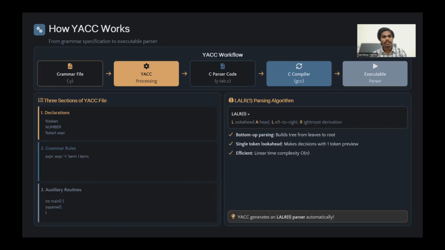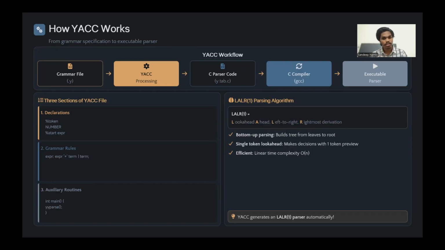Let us understand how YACC actually works, from grammar specification to executable parser. A YACC file has three mandatory sections separated by two percent symbols. The three sections of a YACC file are declarations, grammar rules, and auxiliary routines.